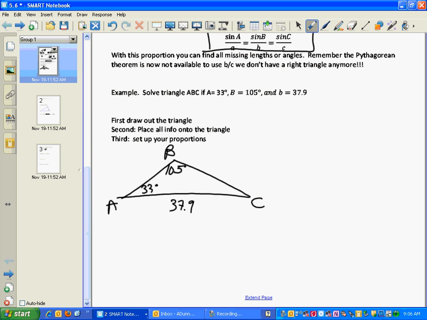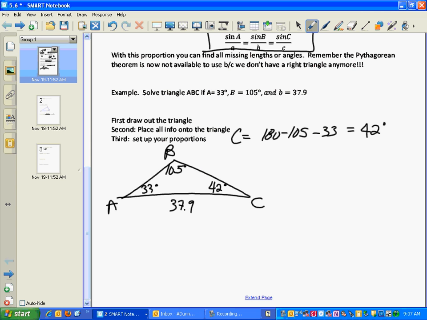Okay. I can find one other piece of information without doing any difficult work. What can I still find? Angle C, we know angle C is going to equal 180 minus 105 minus 33, which I'm thinking is 42 degrees.